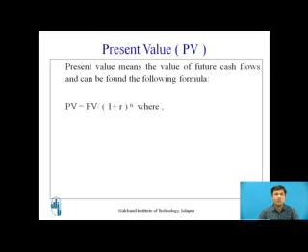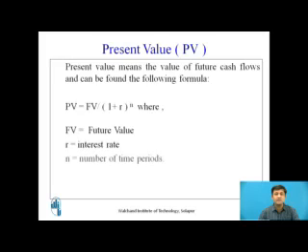PV denotes present value, which equals FV upon (1 plus R) raised to N, where FV is future value, R is the rate of interest, and N is the number of time periods.